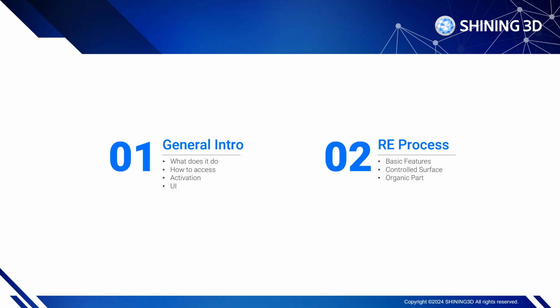We'll use three different models, which almost cover all the different features or functions that you might need during the reverse engineering. We'll talk about some basic features, like how to extract primitives, features like planes, cylinders, things like that. How you construct a 2D sketch.